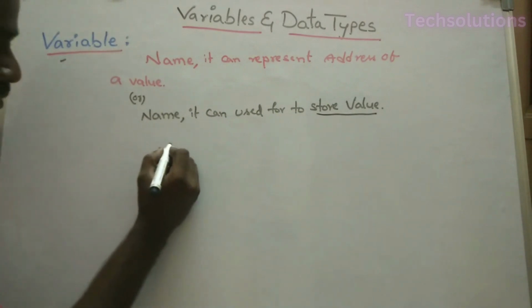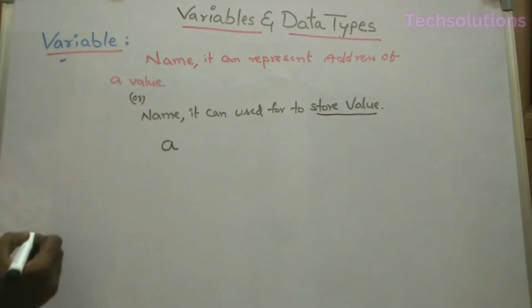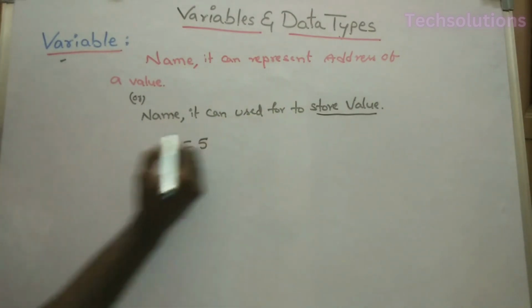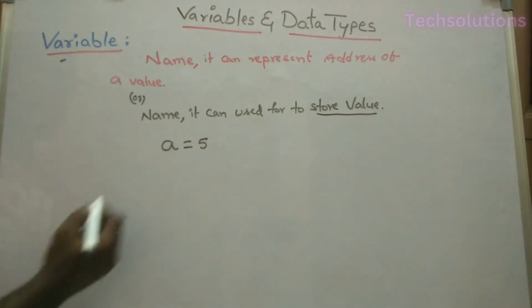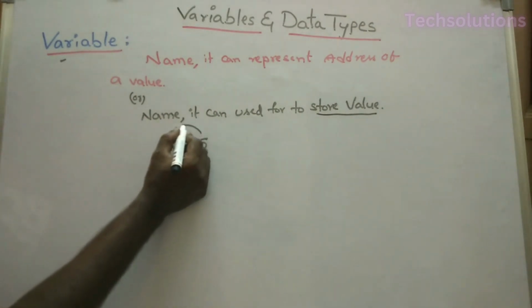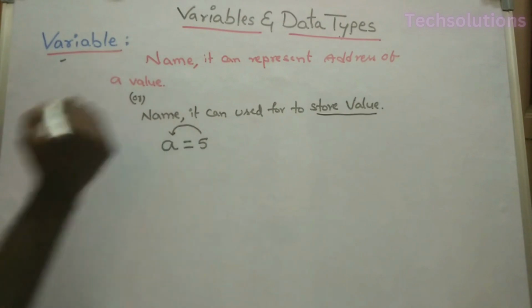Then what is meant by a variable? Suppose now a is a variable, right? For this variable a, I can assign some value. How can I assign it? By using the assignment operator, I can assign the value from the right side into the left side.